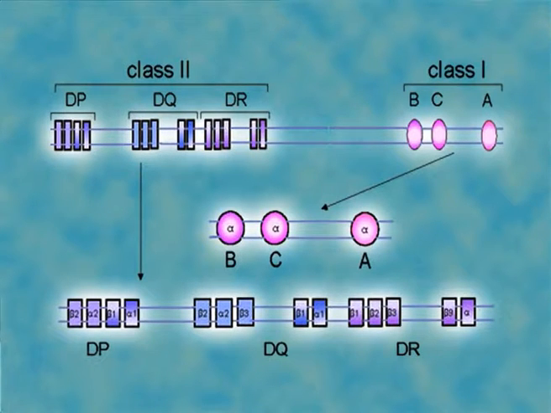The class 1 gene complex contains 3 loci, A, B and C, each of which codes for alpha chain polypeptides. The class 2 gene complex also contains at least 3 loci, DP, DQ and DR. Each of these loci codes for 1 alpha and a variable number of beta chain polypeptides.